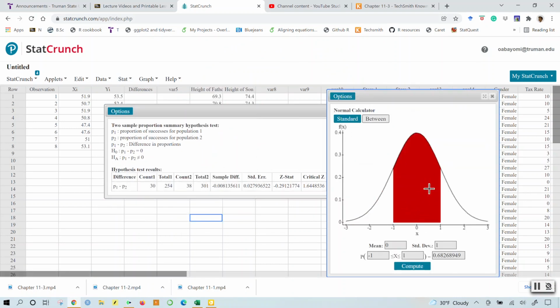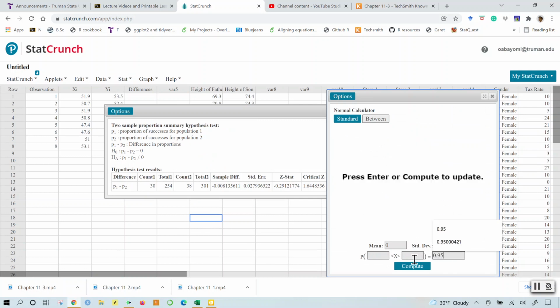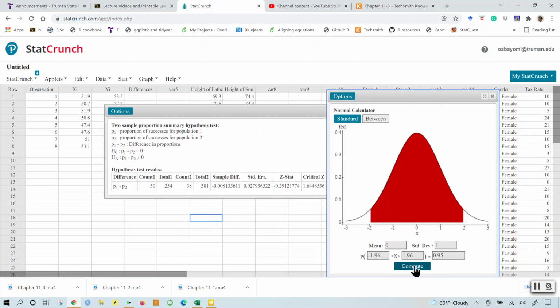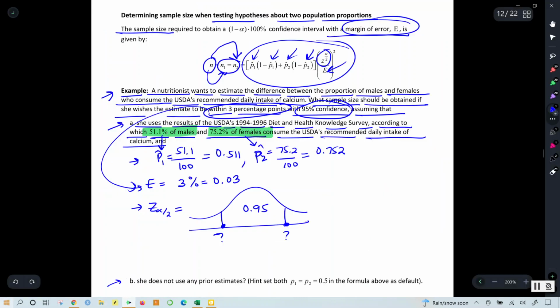You want the size of the area between to be 0.95, and compute. So this is 0.95 in the middle. Those cutoff points are negative 1.96 or positive 1.96. Pick the positive one. So our Z of alpha over 2 is 1.96.